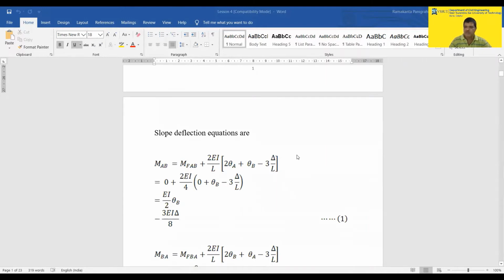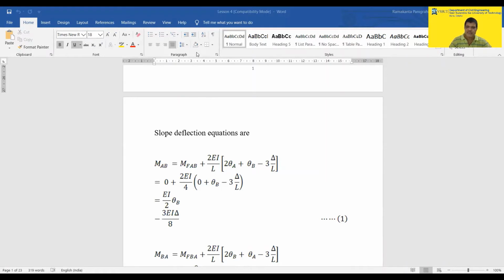If you write the slope deflection equations, then M AB is equal to MF AB plus 2EI by L into 2 theta A plus theta B minus 3 delta by L. As you know, I is the same I, there is no different value of I like 2I, 1.5I or 3I. We kept this as I, and L, the span, is 4, and the fixed end moment MF AB is equal to 0.